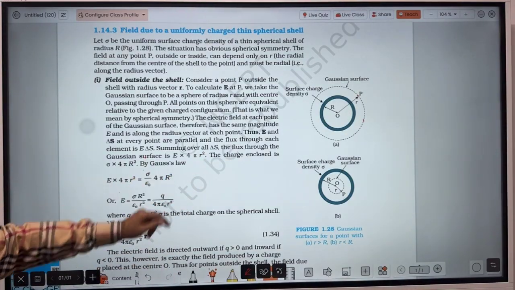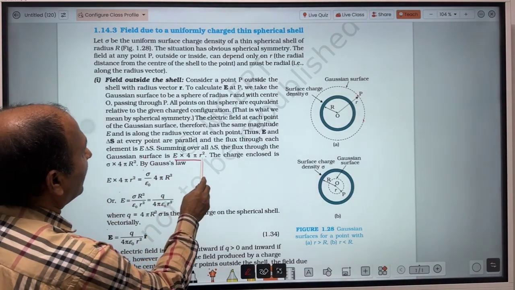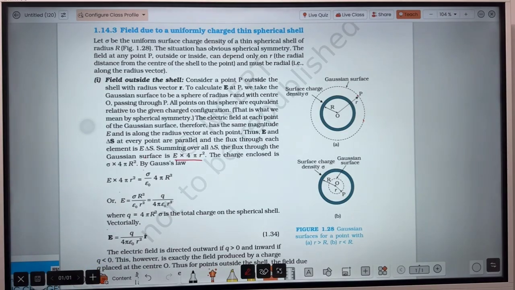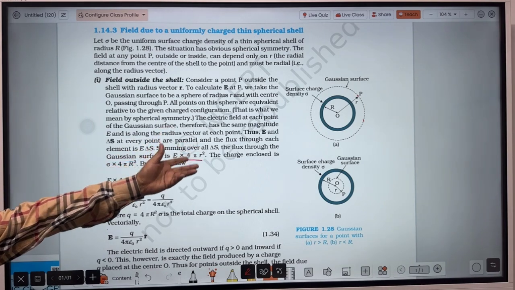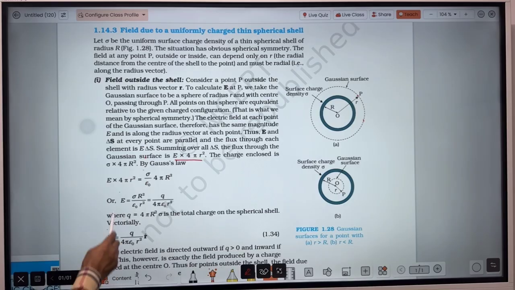The flux through the Gaussian surface will be E times 4 pi r square. So the charge enclosed will be sigma times the surface area on which the charge is distributed, because sigma is charge density. So the charge will be sigma times 4 pi r square.